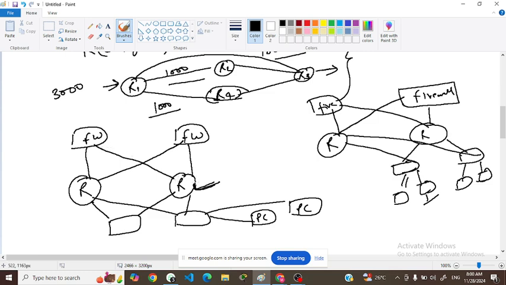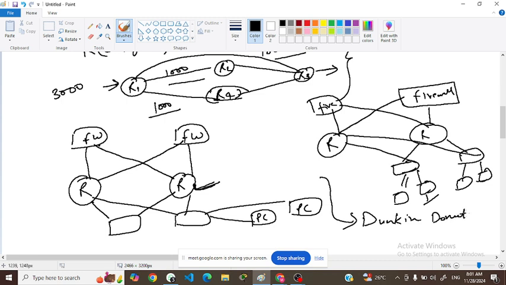Suppose this router is getting requests from 4 PCs, then it will forward 2 requests through this firewall and 2 requests through this firewall. Is it clear for everyone? It's a real-time scenario which I am discussing, a real-time network design. Especially Dunkin' Donuts and Taco Bell use these kinds of things.